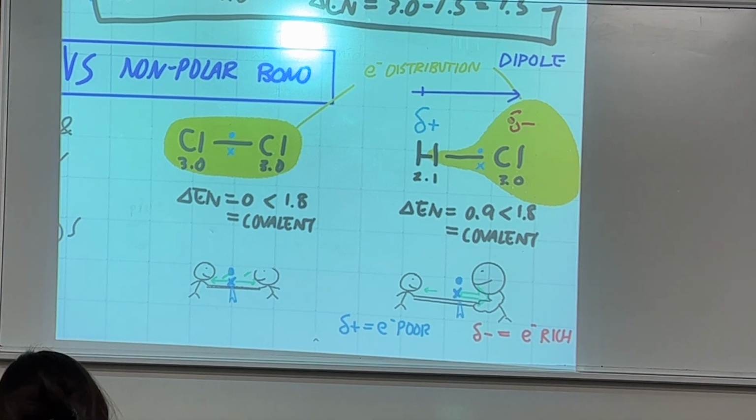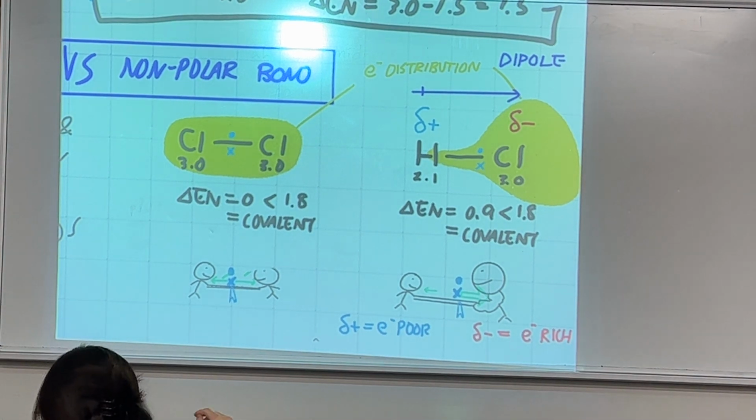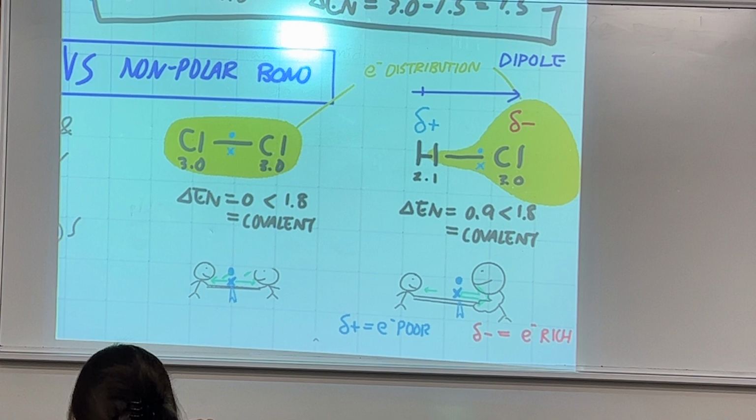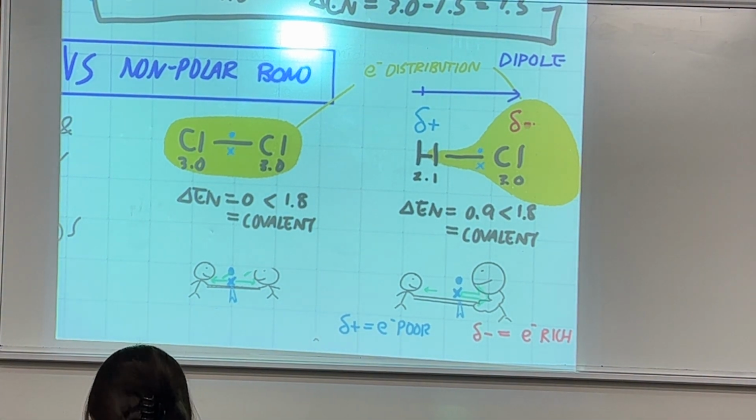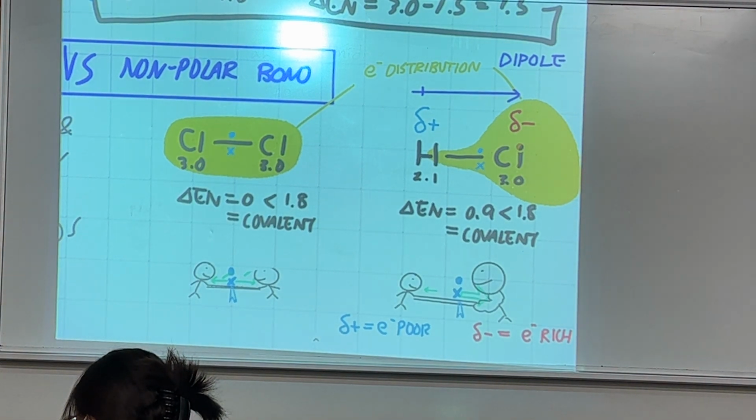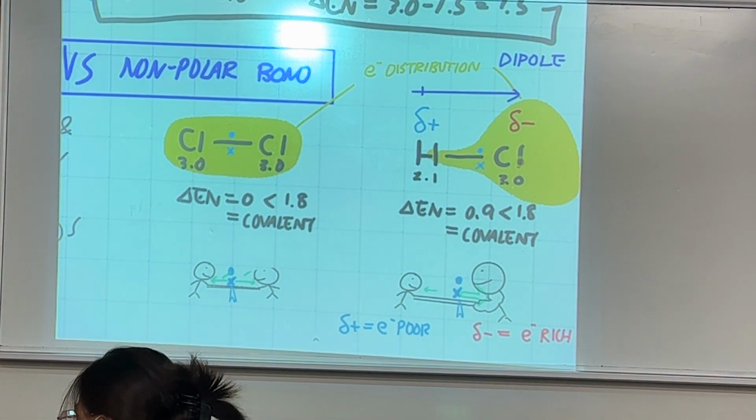Do you all know what a vector is, in math or in physics? Direction, yeah, they have direction. So a dipole is a vector. It's a way to tell which atom is attracting electron more strongly, so it always points towards the stronger atom.